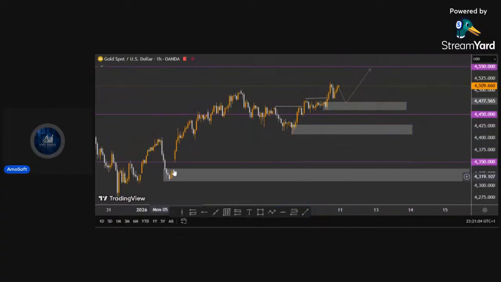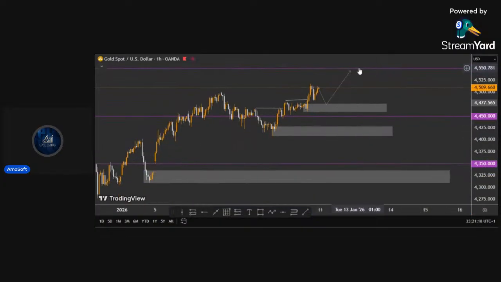And the reason I still have this level marked here is because of this gap over here. Somehow, I still believe that in the future price will fill it.